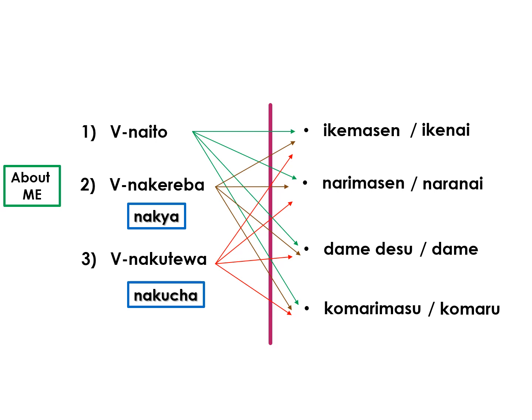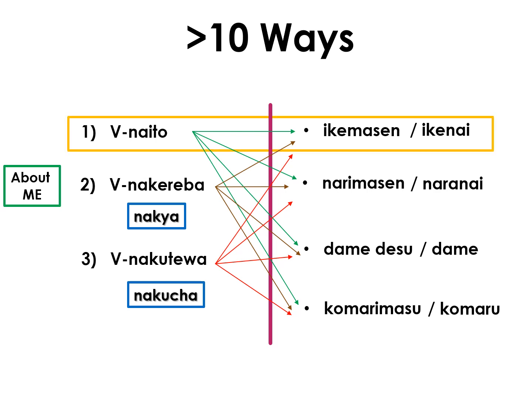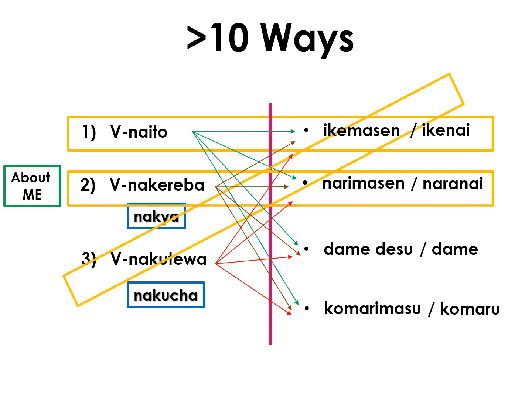So right there, that gives you 20 possibilities of how you can express must in Japanese. However, the usual partners are naito ikemasen, nakereba narimasen, and nakutewa ikemasen.